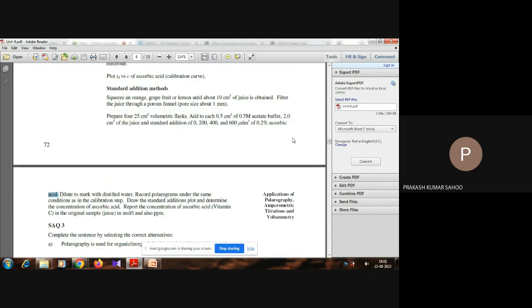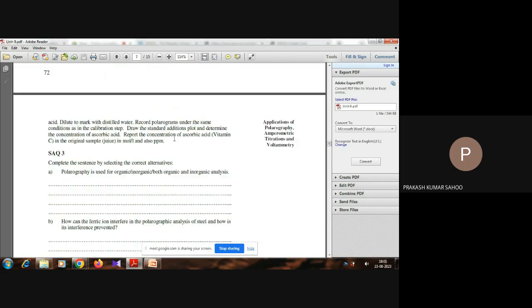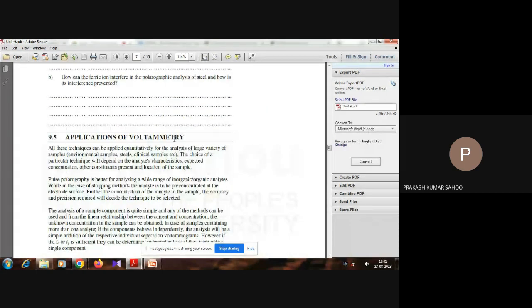Then here, 2 milliliter of juice, and it is addition of 0.2% ascorbic acid, that is the standard ascorbic acid. So by the differential approach, we may determine the percentage of ascorbic acid in the sample.